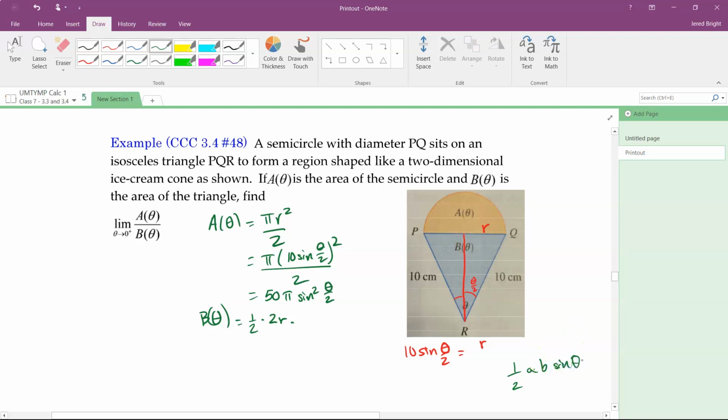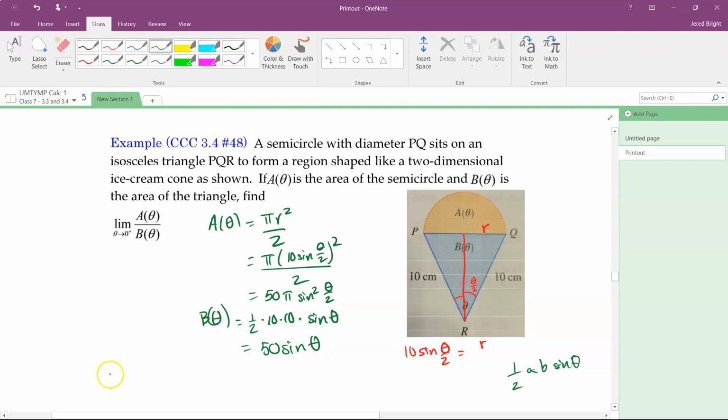So that actually makes my life a little easier, as I can say this is 1/2 times 10 times 10 times sine of theta. Okay, so then from here, and actually that simplifies to 50 sine theta.